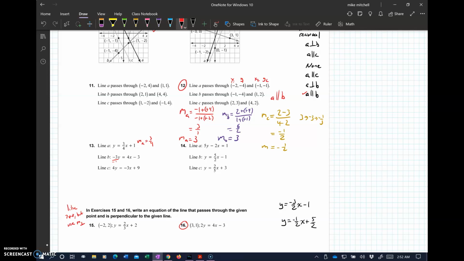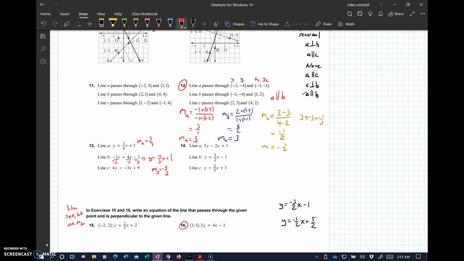On this one, divide by -3, divide by -3, divide by -3. I get y equals -4/3 x plus 1. Negative over negative is positive. So the slope of line B is -4 over 3.